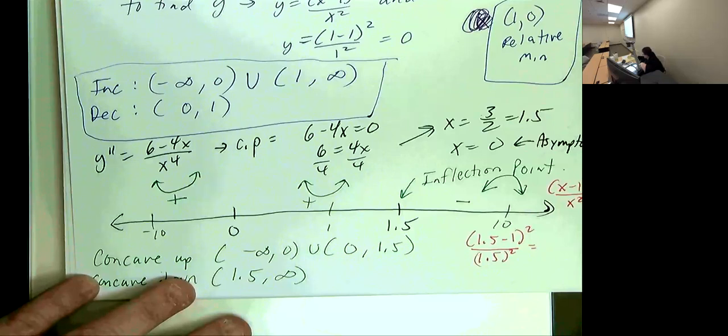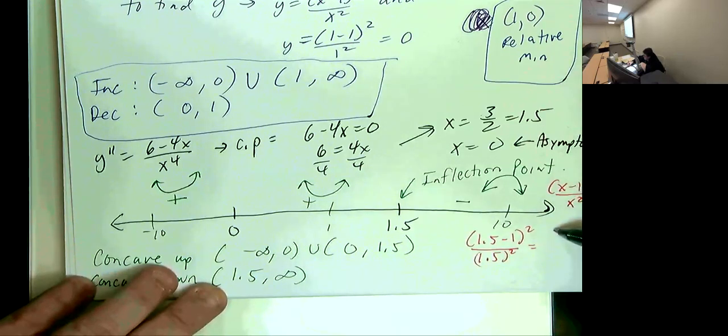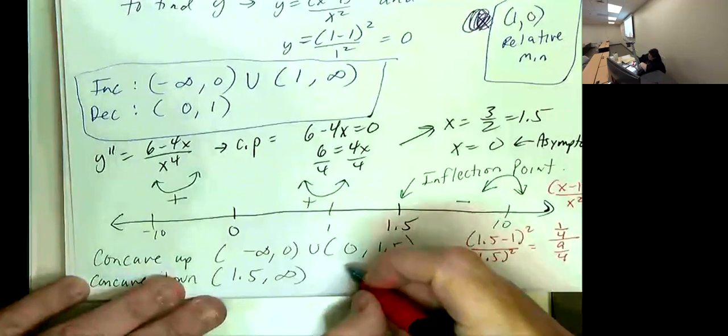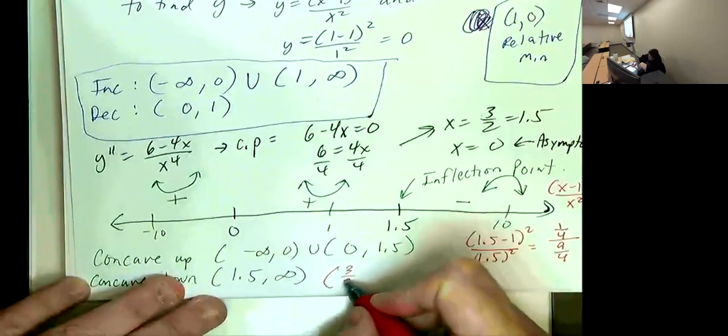Let's say I did this. 1/9. Let's see, that's 1/2 squared, so 1/4 over 3/2 squared, over 9/4, 1/9, yeah. So we have an inflection point at (3/2, 1/9).